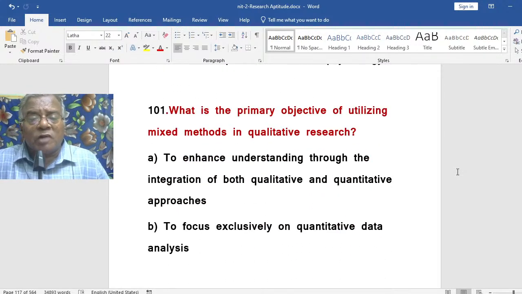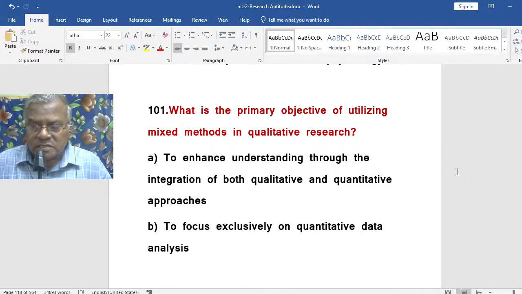Some questions we will ask. What is the primary objective of utilizing mixed methods in qualitative research? Just go through all the options and choose the correct one.